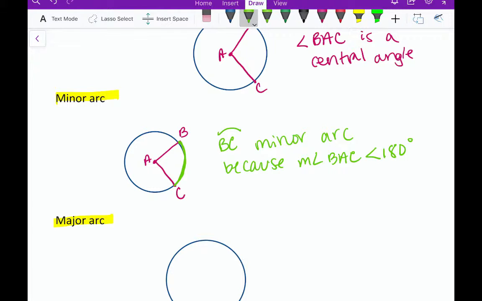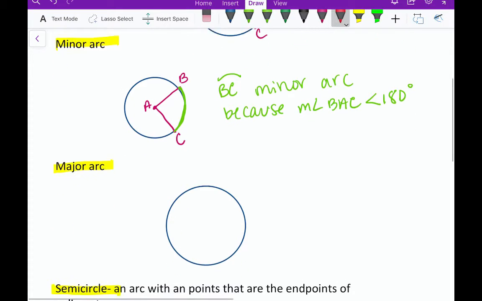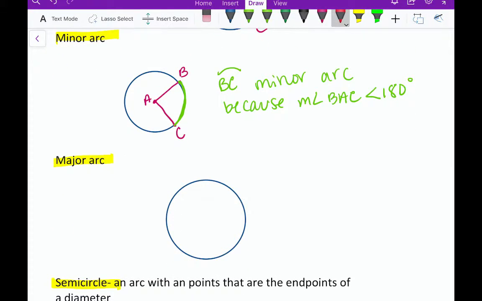The major arc is an arc that is greater than 180 degrees, and we use 3 letters to name a major arc. So again, let's call this circle A, B, and C. There's my central angle. Okay, this is the minor arc, BC.